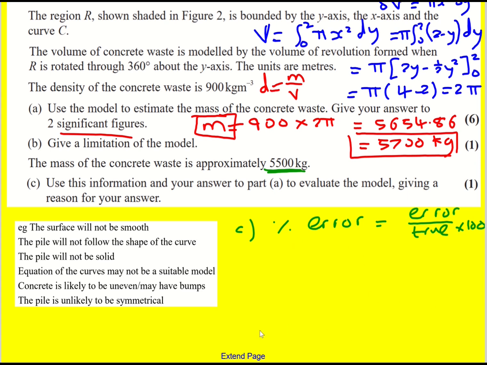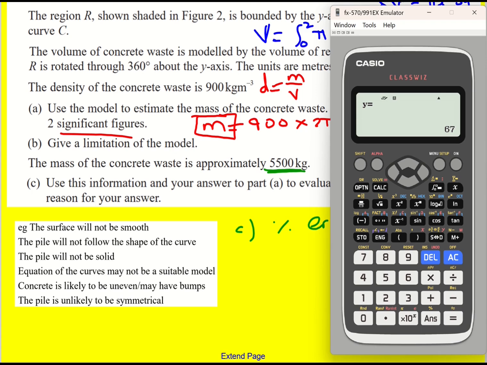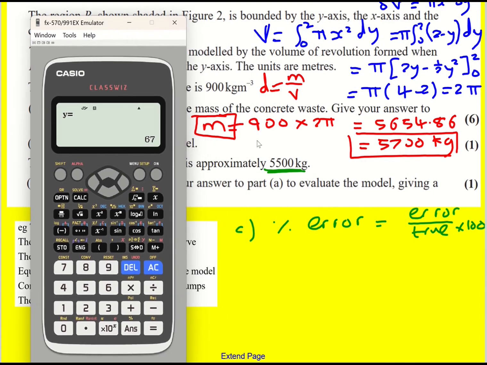This is worth knowing. So I'm going to use my non-rounded value. I think that's best. 5654.86, and then I'm going to minus the 5,500, divide by that actual value, times by 100.